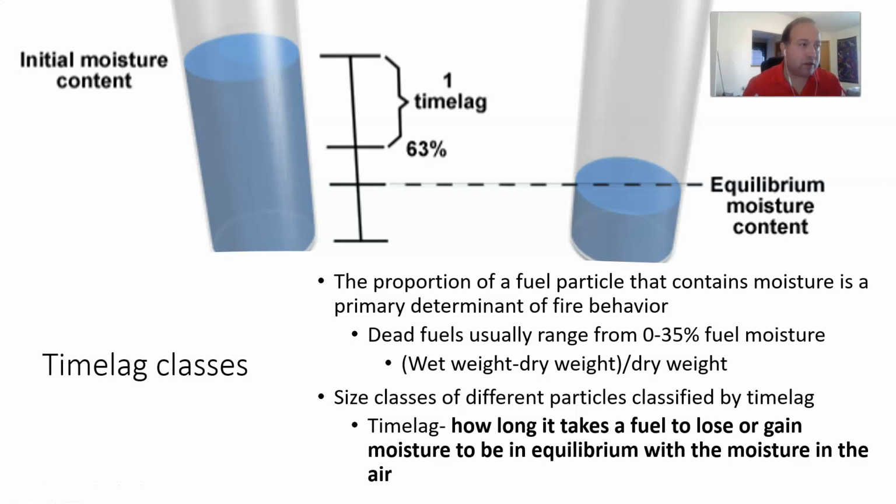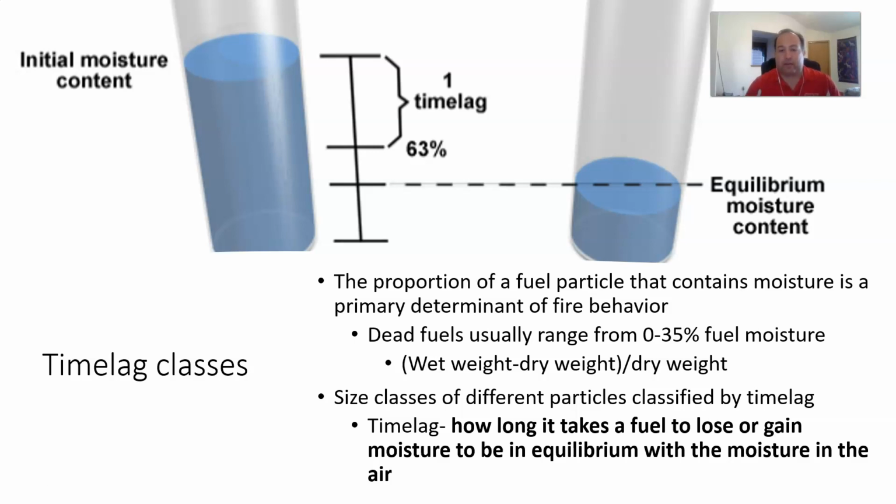Because we know moisture content is so important, we wanted to come up with size classes for the fuels, and we wanted to incorporate the idea of moisture. When we're talking about time lag, what we're talking about is the proportion of a fuel particle that contains moisture being a primary determinant of fire behavior.